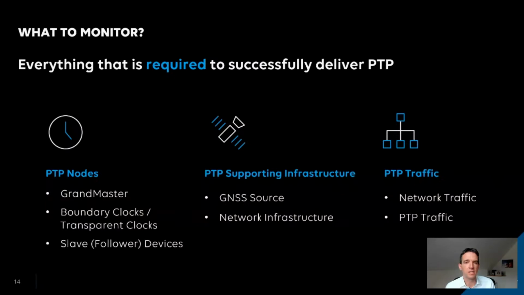And then what we call the PTP supporting infrastructure, like the GNSS source, my GPS antenna, the network infrastructure, PTP runs across a packet network, and also the PTP traffic, which is the network traffic as such, but then specifically the PTP traffic, the PTP packets. And altogether, only then you get a full overview of the health of your PTP ecosystem.